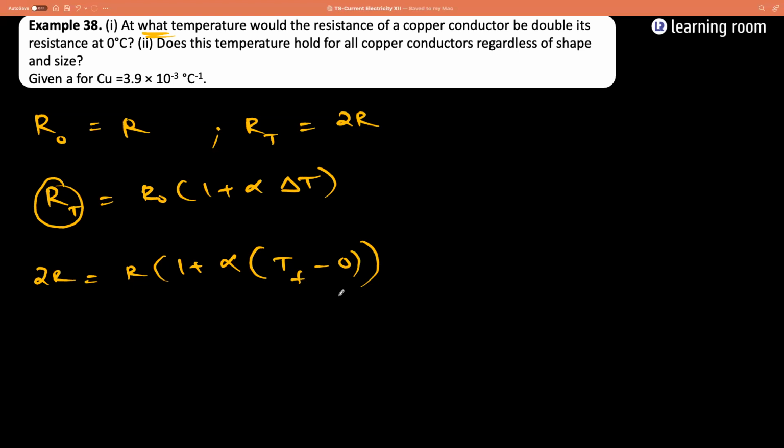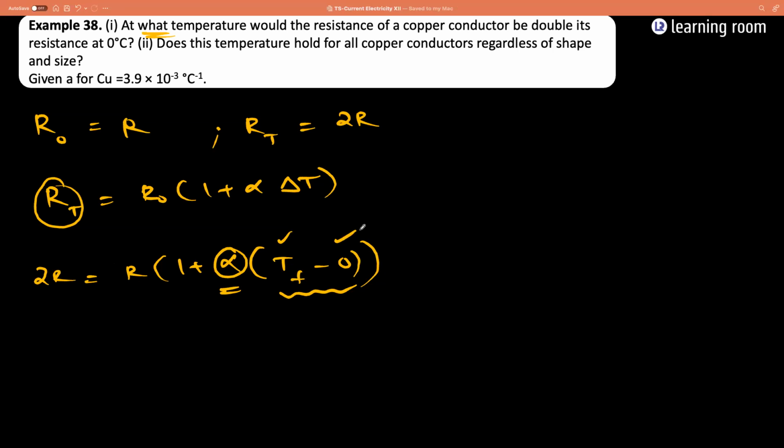Tell me one thing. I have a question, okay? Suppose the temperature is given in terms of Kelvin and alpha is given in terms of per degree Celsius, right? Can I directly subtract the Kelvin values and write it?